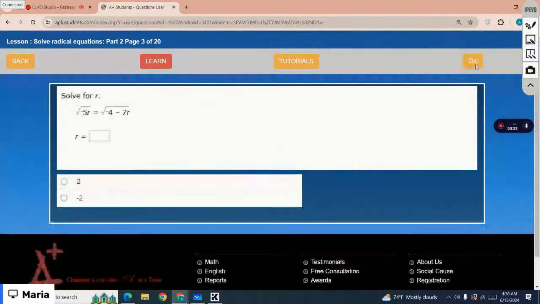Solve for r. So which is the correct option?